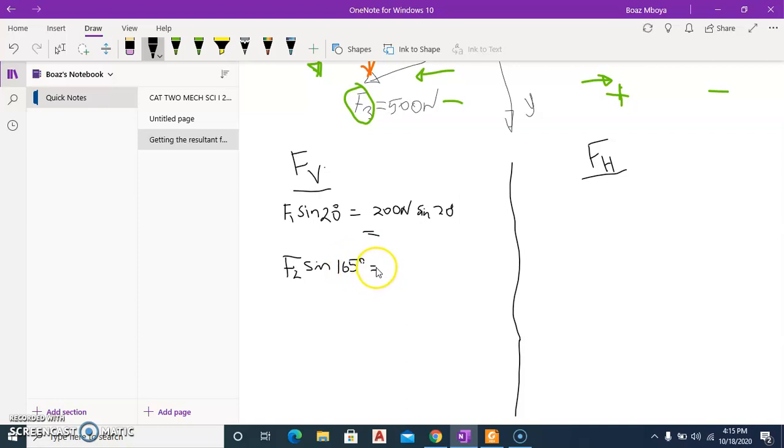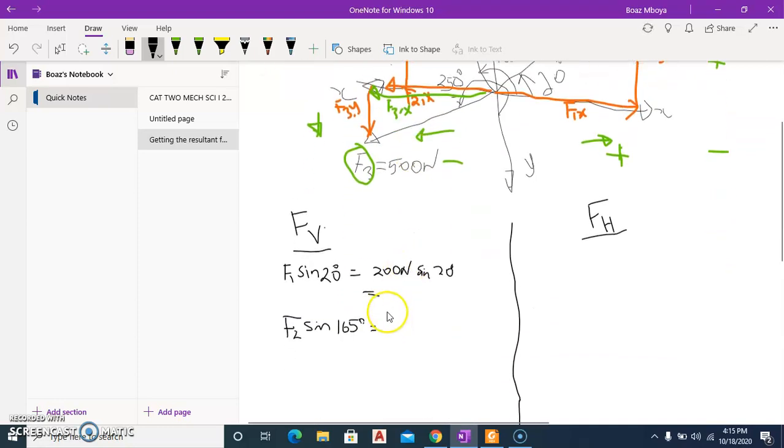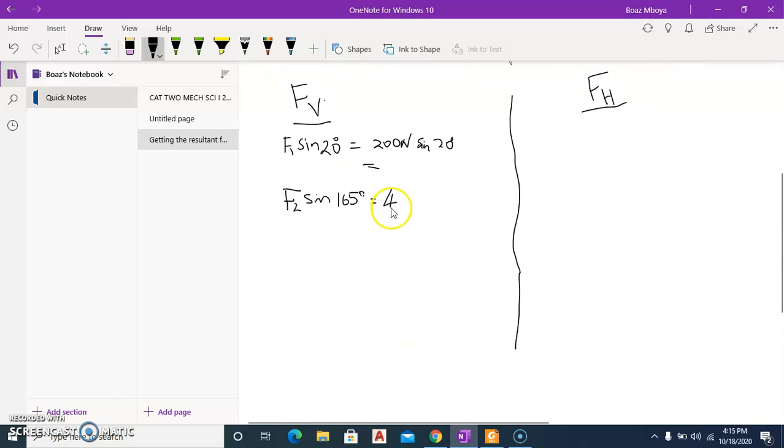So F2 is given as 400 newtons. So we get 400 newtons sine 165 degrees. So we'll work that out.